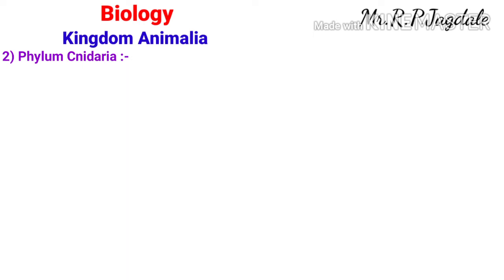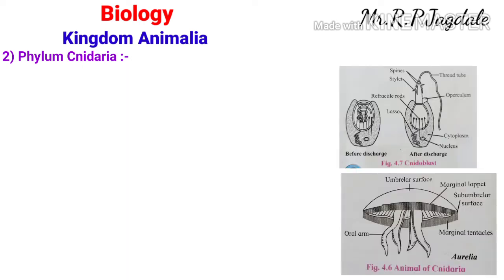The examples are the Hydra, Aurelia, which is also called jellyfish, then Diploria, that is called brain coral, Gorgonia, that is called the sea fan, and Adamsia, that is called sea anemone. So generally Hydra, Aurelia, sea anemone and sea fan are the examples of the phylum Cnidaria.